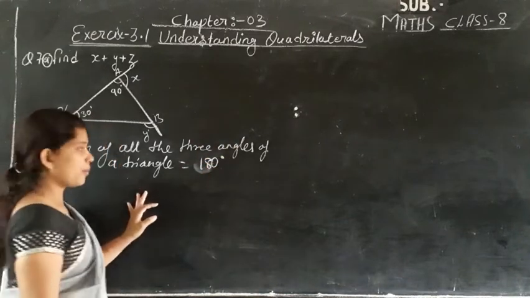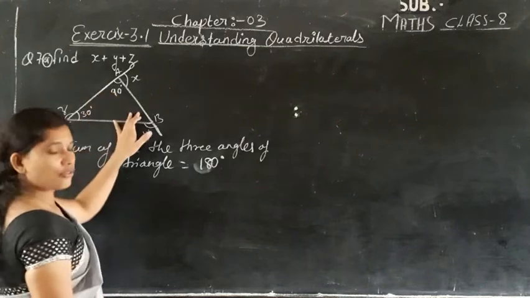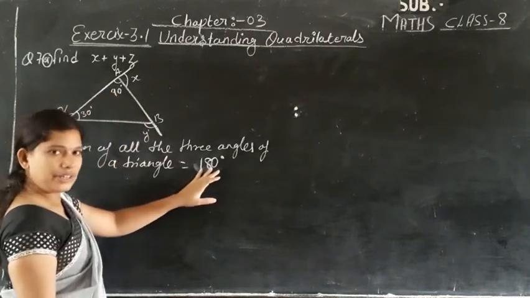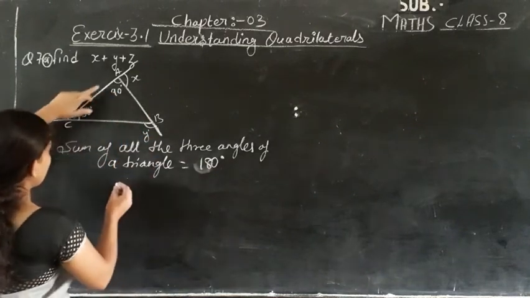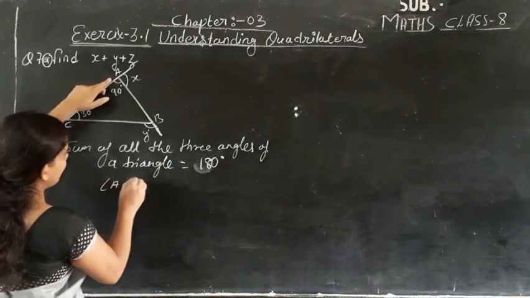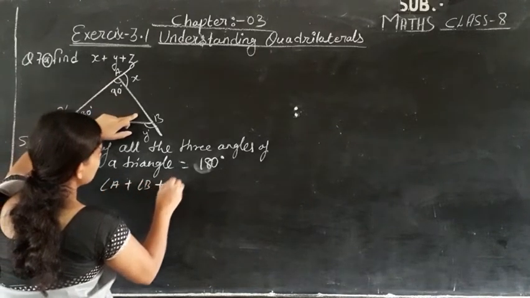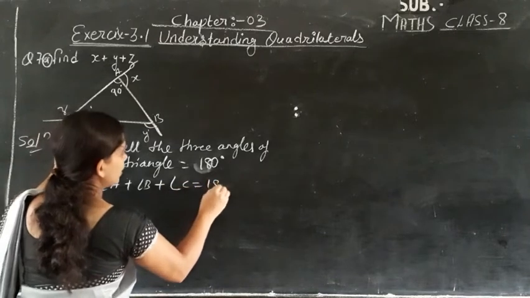This is the angle sum property, where adding all the angles of a triangle equals 180 degrees. So angle A plus angle B plus angle C is equal to 180 degrees.